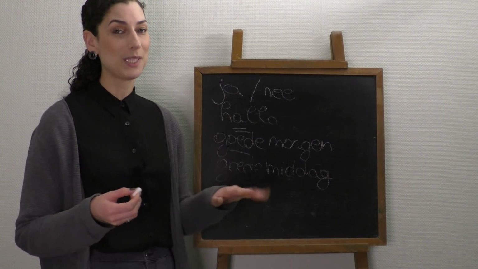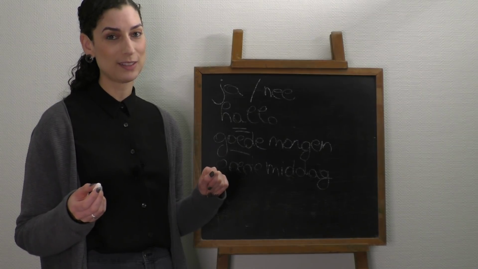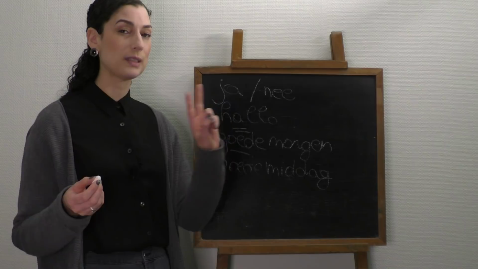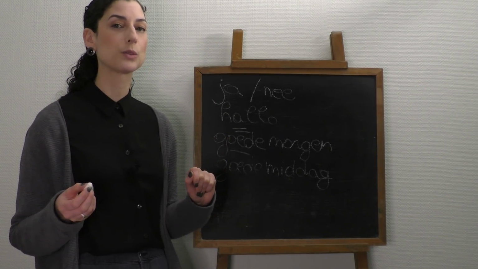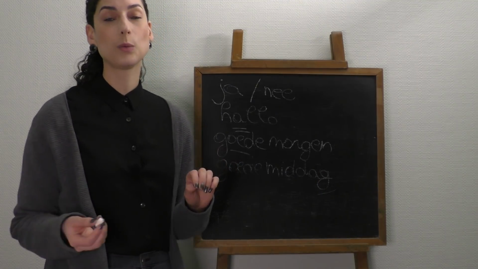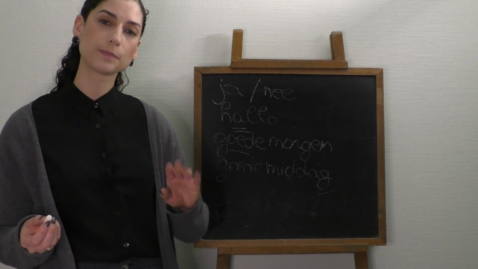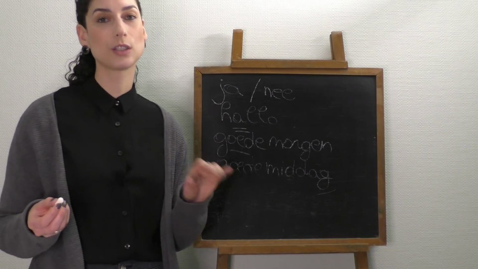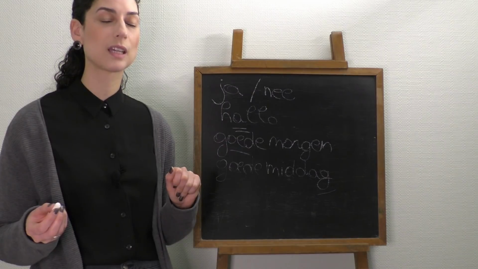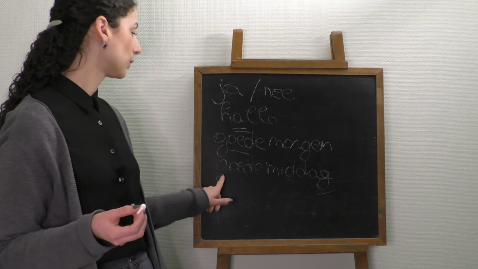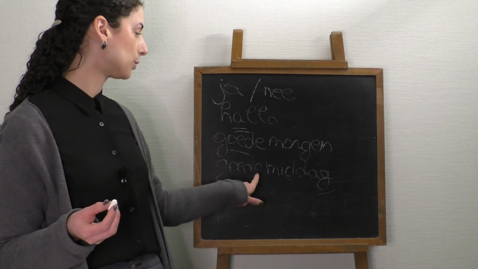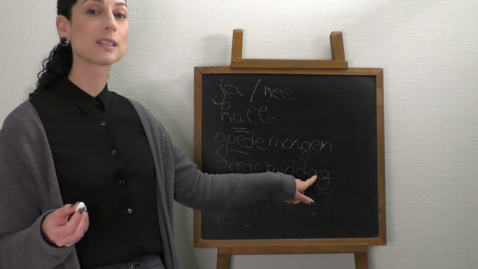So again, throwing you in the deep end with the G's here, because this word shows you the second way to pronounce a G. When it is at the end of the word, it's a softer sound. So, goedemiddag.